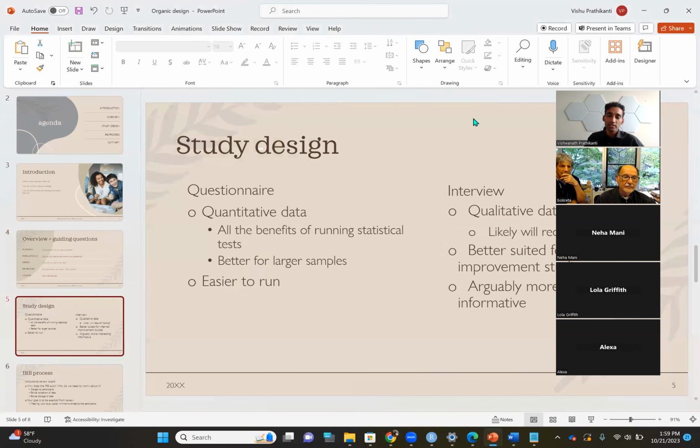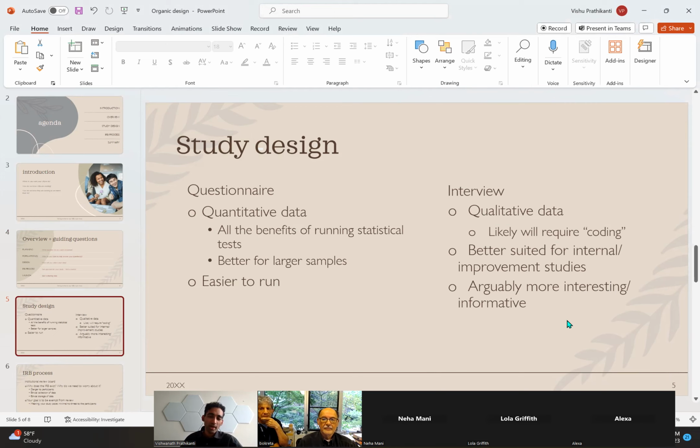So what goes into the study design, and why you might pick a questionnaire over an interview. I'm sure you all have heard similar things, whether in your classes or just intuitively understanding the differences between a questionnaire and an interview.